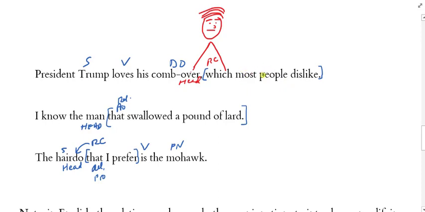Don't take something inside the relative clause and give it a role outside the relative clause, and don't take something inside the main clause and stick it into the relative clause. Usually you can bracket out your relative clause in your sentence and find where it starts and where it ends.